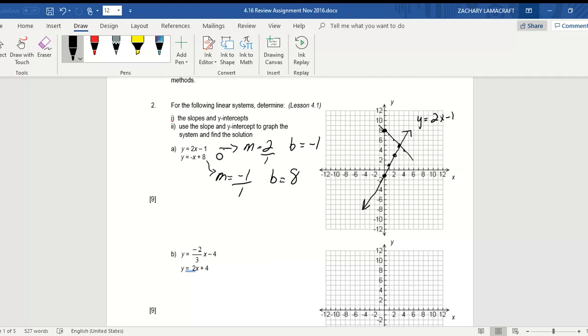And if I connect these two lines, I now have a point of intersection or a solution. And that is the point right here, which is I go over on my x-axis being 3 and on my y being 5. So the solution being (3, 5) in this scenario.